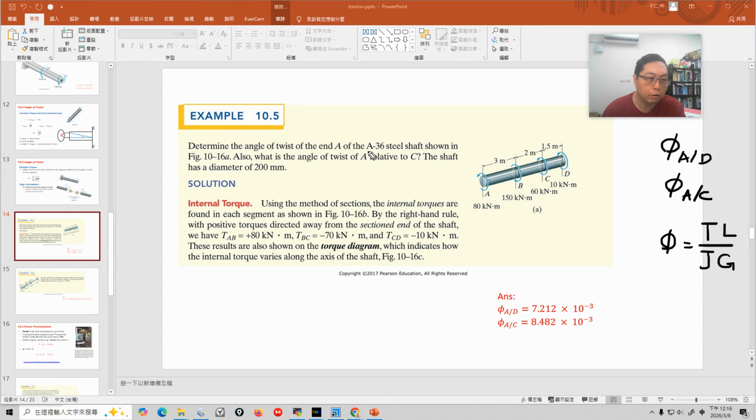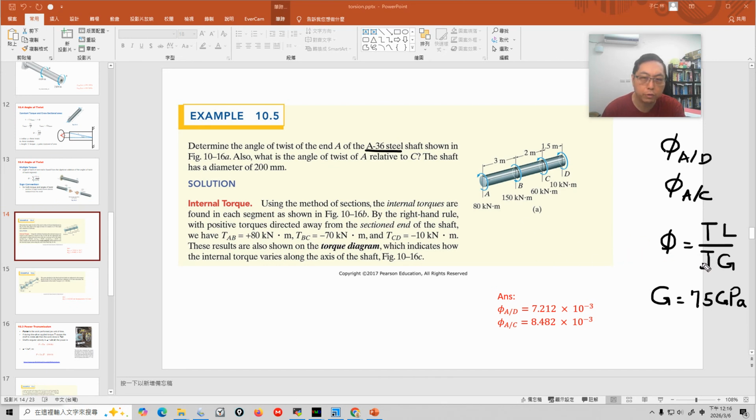The problem only tells you A36 steel, but when you look up the table at the end of the textbook, it gives the shear modulus for A36 steel as 7.75 gigapascal.